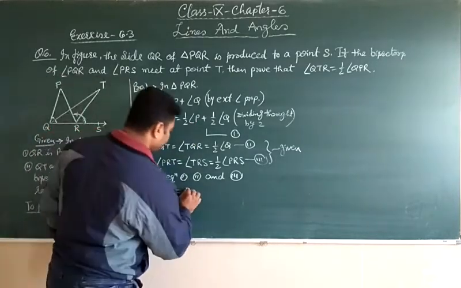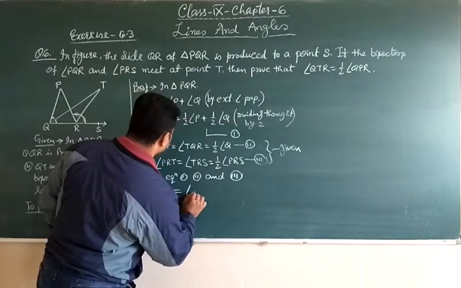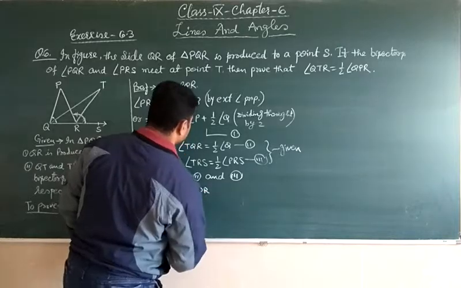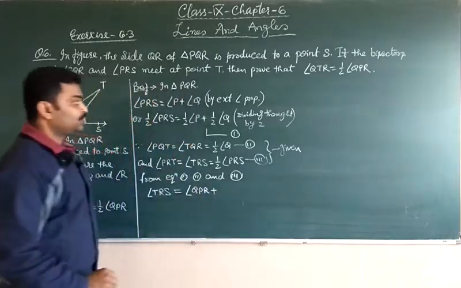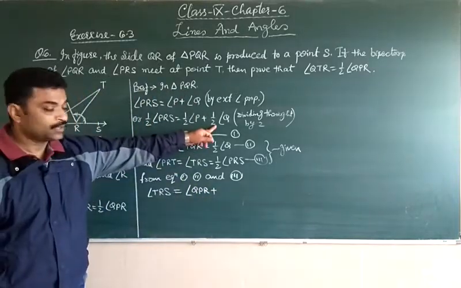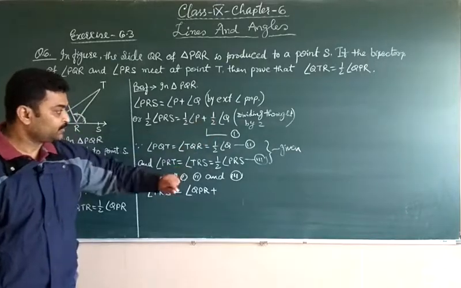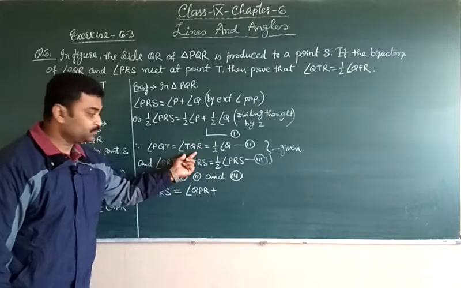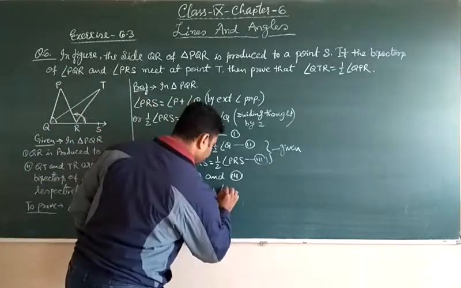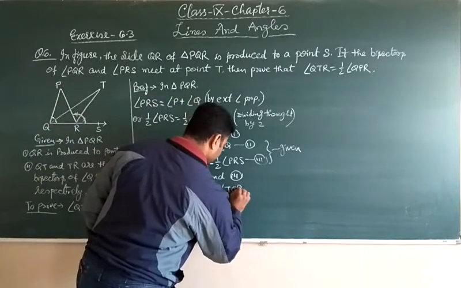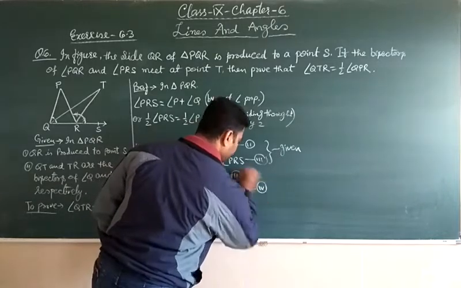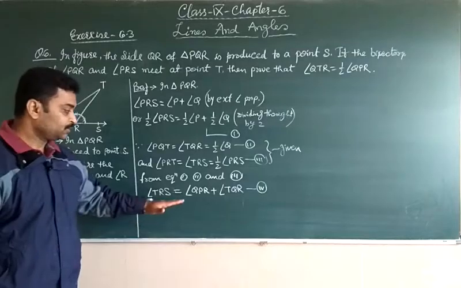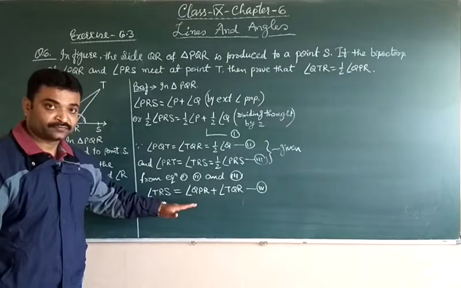Angle QPR plus, what about angle Q? Half of angle Q. Half of angle Q is equal to angle TQR. We can write here angle TQR, equation number 4. Clear? Up to here, I think there will be no doubt, is it?